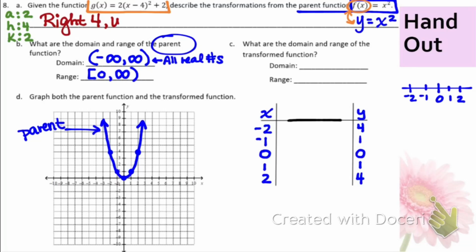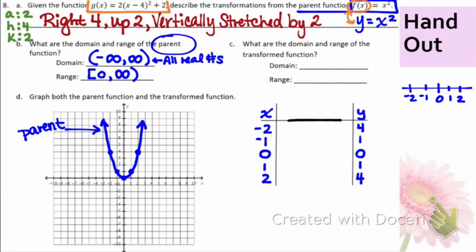Up 2. My a value is a positive 2. If I multiply things by 2, do they get bigger, smaller, or stay the same? Bigger. So this would be a vertical stretch. So vertically stretched by 2.